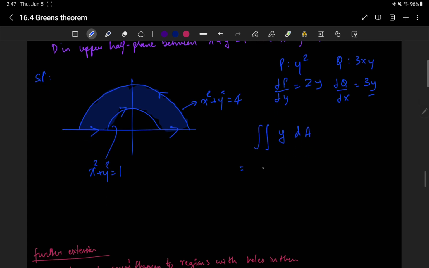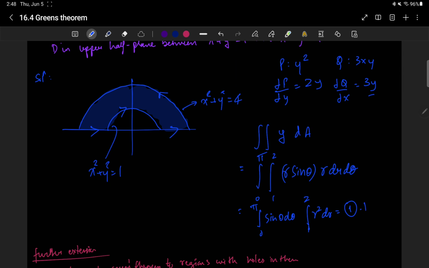And again, a circular region means I can write this in polar form, going from 1 to 2 and 0 to pi, which then becomes the integral from 0 to pi of sine theta d theta times the integral from 1 to 2 of r squared dr. The first of which gives you 2, because you'll end up with cosine, a negative 1 minus a negative 1, giving you negative 2 times a negative, a positive 2, and the second one is going to give you 1/3 of 8 minus 1, which is 7/3.